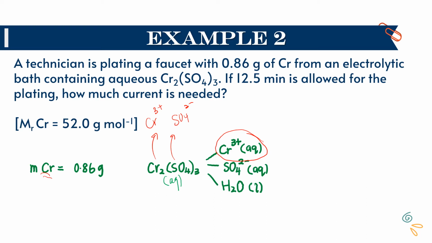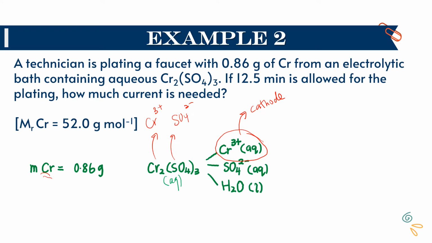Cation ion akan attracted kepada siapa, anode ataupun cathode? Kita tahu positive ion akan attracted to cathode. Jadi the half equation that we are going to write down is the reduction of chromium 3+ to chromium solid. So bear that in mind.